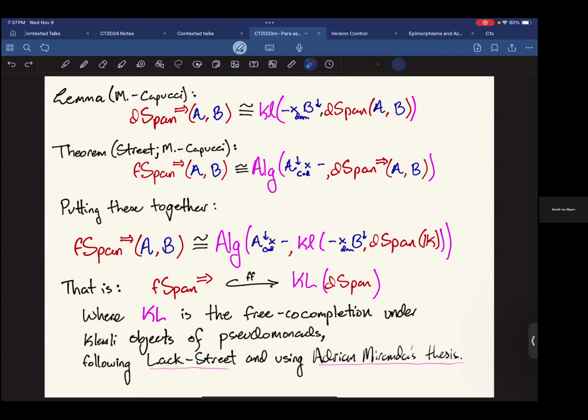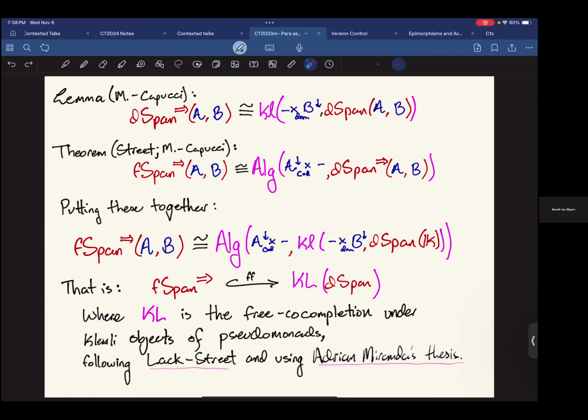So we can freely co-complete under them, and then by using Yoneda, you can sort of just compute out. It's slightly more involved than this, but the essential argument is you just compute out that its Homs must be of this form, algebra for the action on the left into Kleisli of the action on the right. And that sort of just uses the universal property of Kleislis.